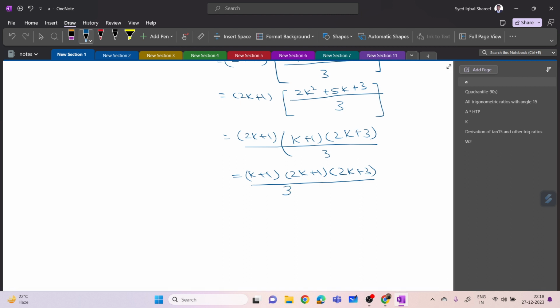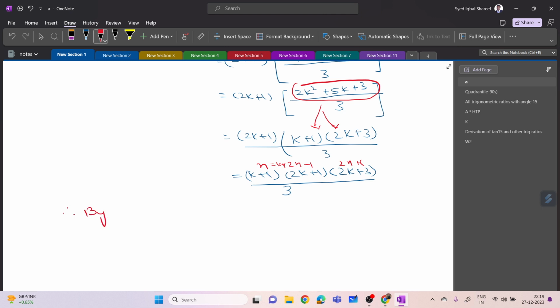This we are making the factors. If you make the factors, you will get these two factors. So now it is in the form of n equal to k plus 1. You see, this is n, this is 2n minus 1 form, this is 2n plus 1, with n equal to k plus 1.